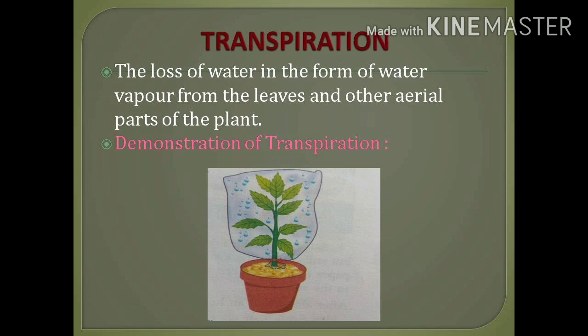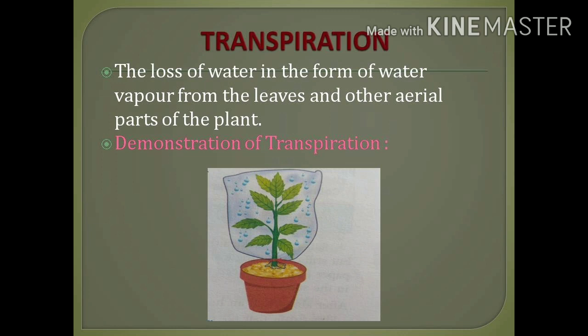After a few hours, we can observe on the inner surface of the polythene bag the water vapor. When this water vapor condenses, it gives rise to water droplets. When the temperature is cool, at that time the water vapor present inside the polythene bag condenses and converts into a water droplet.